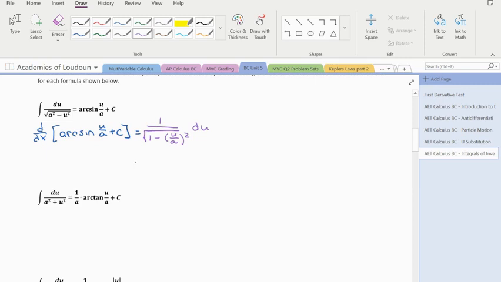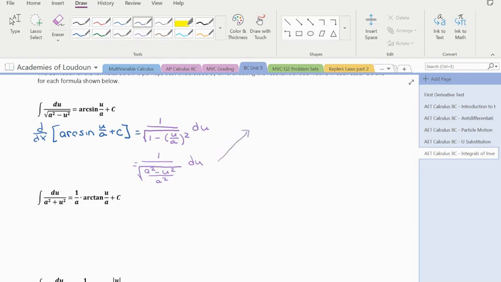Using some algebraic simplification, this becomes 1 over the square root of a squared minus u squared over a squared, and again, du.